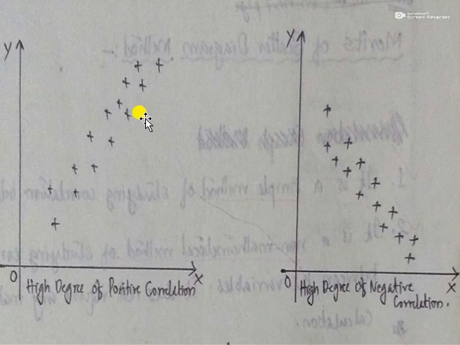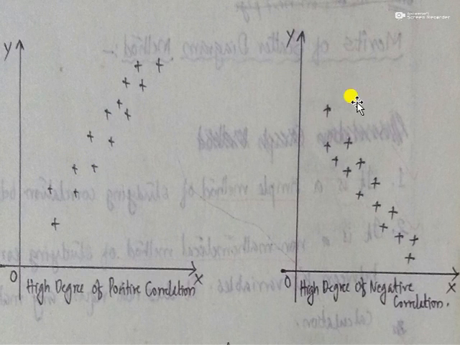Here, the movement is from left bottom corner to the right upper corner. Therefore, the direction is positive, but the dots are not lying on a straight line. However, they are lying on a narrow width. That is, there is high degree of positive correlation.